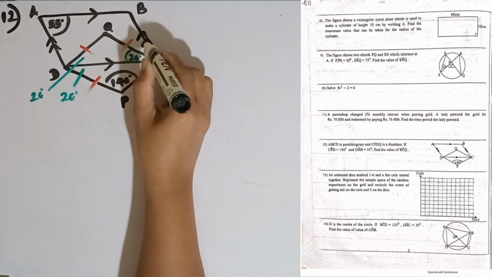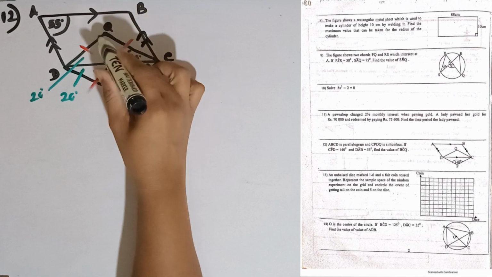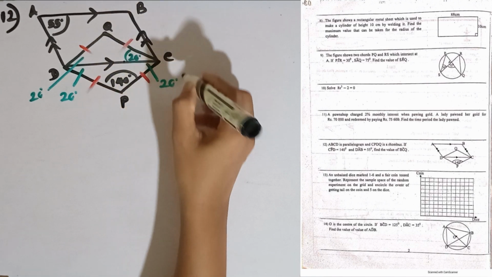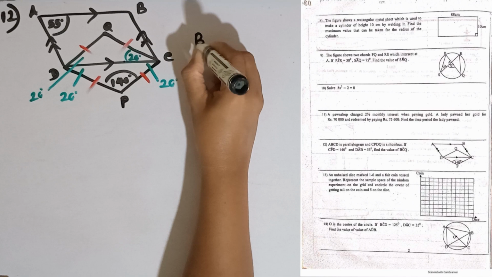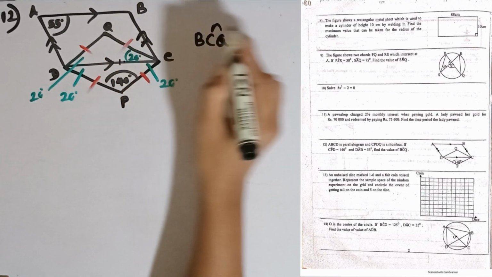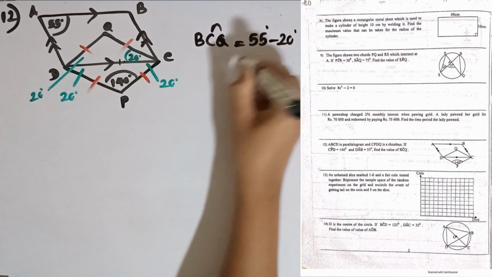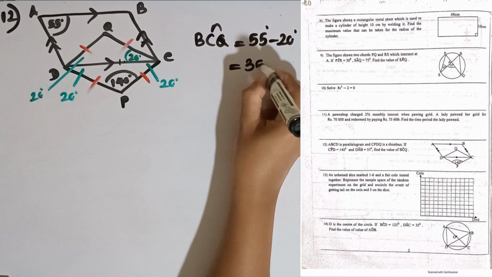So this angle is 55 degrees. As this one is 20, we can find the magnitude of BCQ. BCQ is equal to 55 minus 20. Then the magnitude is 35 degrees.